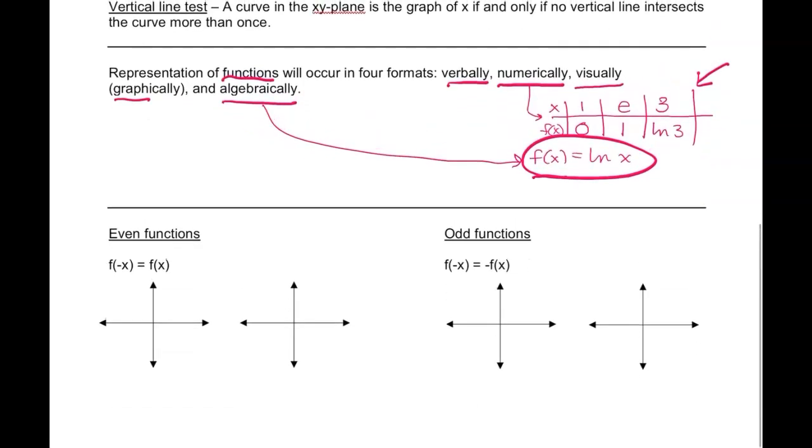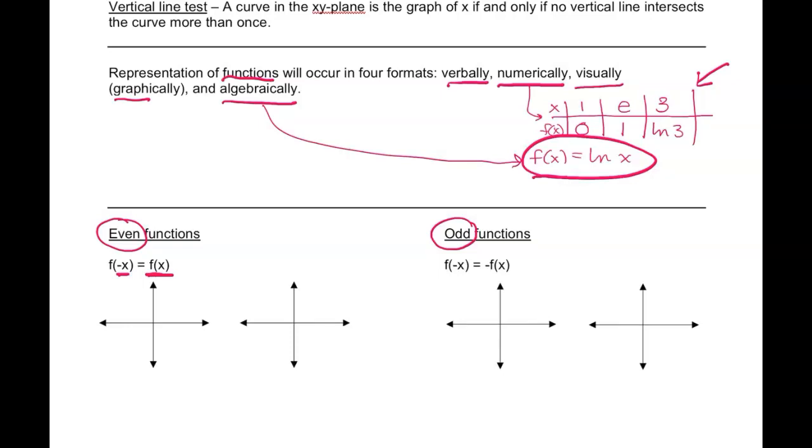And then the last thing I want to say about functions is it really helps if you know what an even function is and what an odd function is. It'll make your work easier. So an even function is said to be where if you input the opposite of x into the function, you will get the same value as entering f of x.